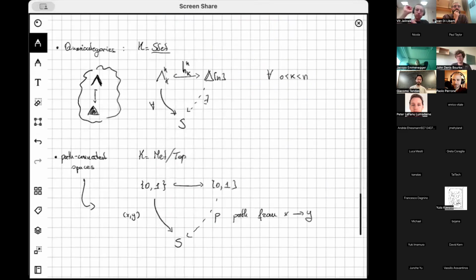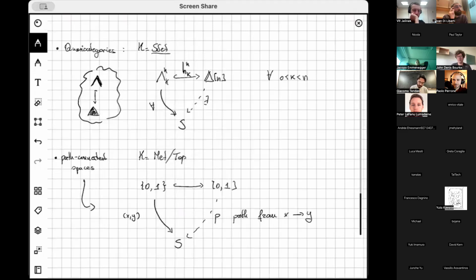If you are in the category of metric spaces or topological spaces and you take as H the inclusion of the discrete space with 2 points into the interval 0, 1, picking up the endpoints, then injectivity tells you that for any 2 points, x and y in your space, you can find a path between them. So injectivity with respect to this H gives path connected spaces. So in some sense, you can really express a lot of stuff with injectivity.